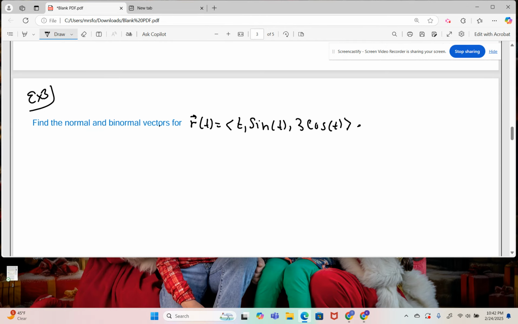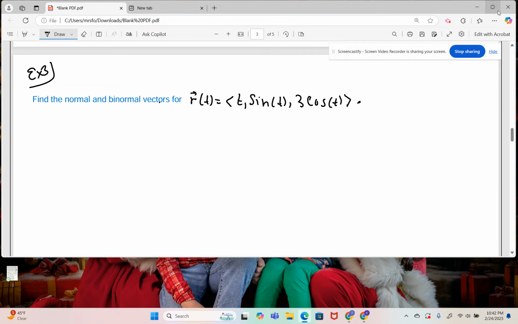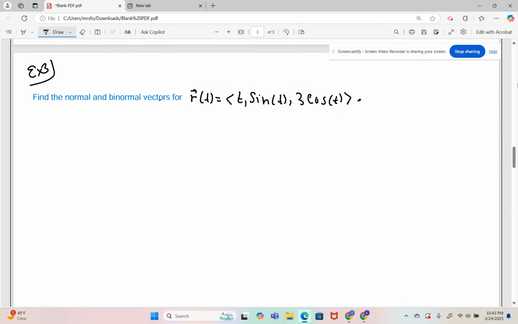Alright, so the first thing we want to do is we want to find the unit tangent vector. So we want to get the tangent vector and its magnitude.